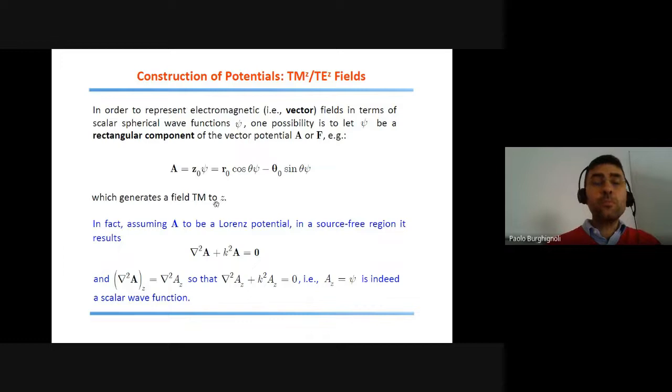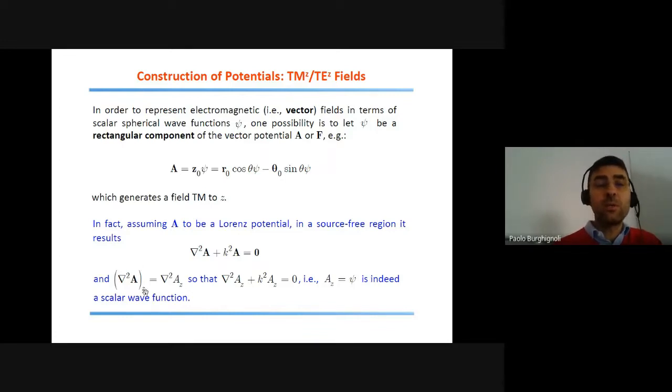Now, the reason why we can proceed in this way is the one I have already mentioned. If we assume that this potential is a Lorentz potential, that is, a potential that satisfies the Lorentz gauge, in a source-free region, this vector potential would satisfy the vector Helmholtz equation, and in Cartesian coordinates, the Cartesian components of the Laplacian are equal to the Laplacians of the Cartesian components.